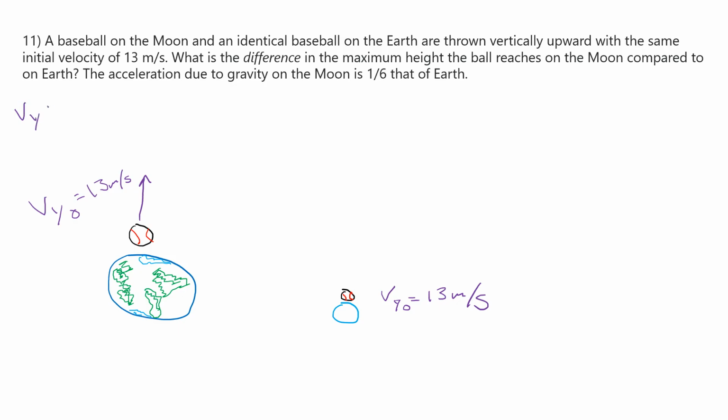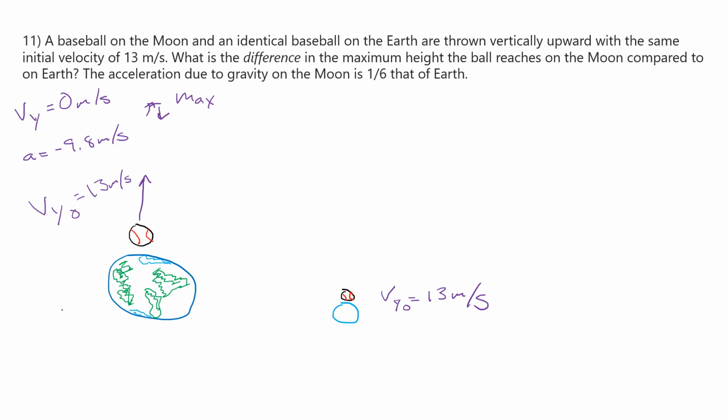Vy at the max is 0, right? Because when that ball gets way up here, just in that instant before it changes direction and goes back down, the velocity is 0. We also know that the acceleration due to gravity is going to be negative 9.8 meters per second squared.